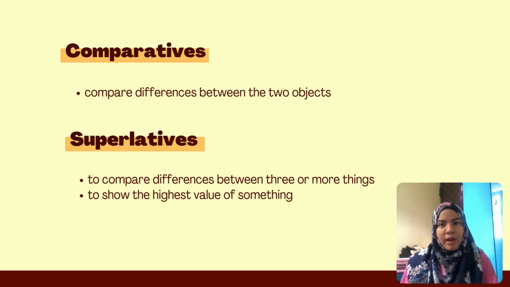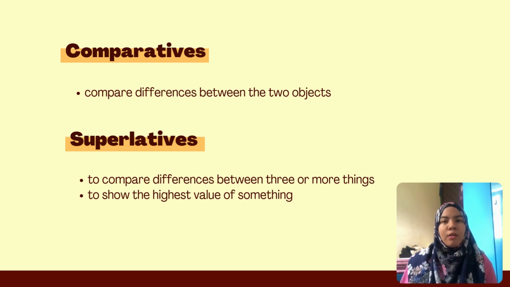To help you gain more understanding about comparatives and superlatives, let me give you an example. For example, let's have an animal. Okay, for example, we have a cat. We can say that the cat is big.